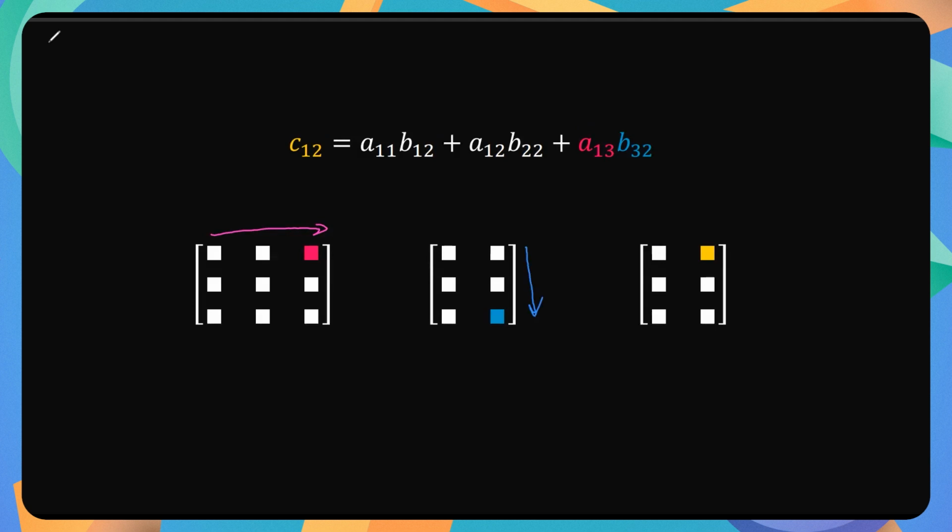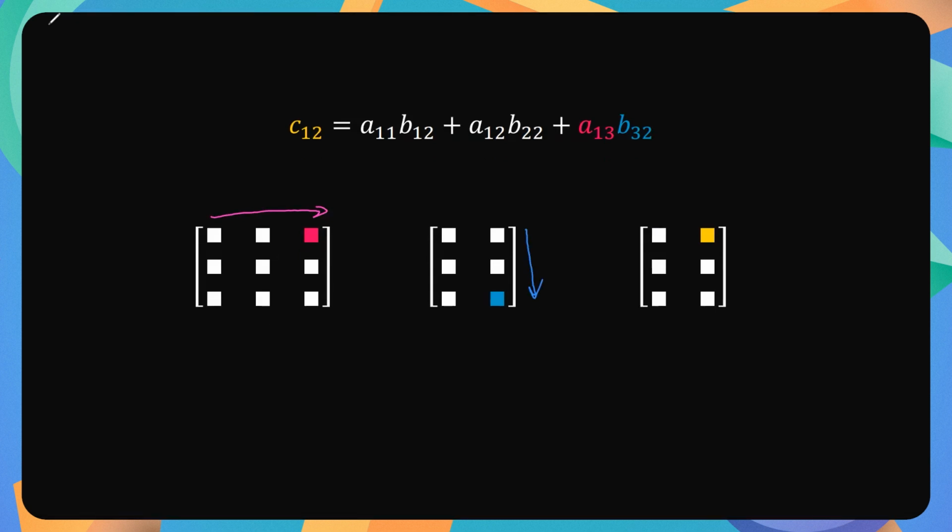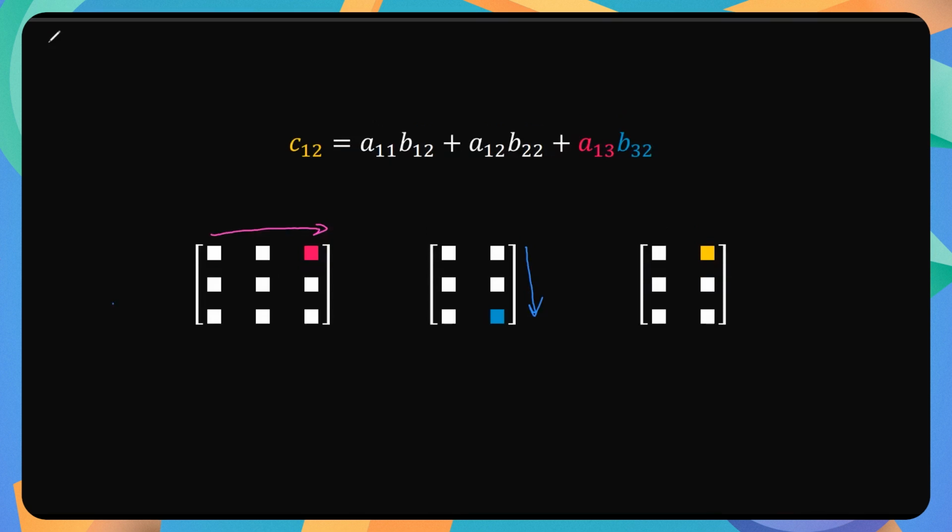Another thing to take note of is that when you actually do matrix multiplication, the elements that you're pointing to, when you intersect them together, it focuses on this element.